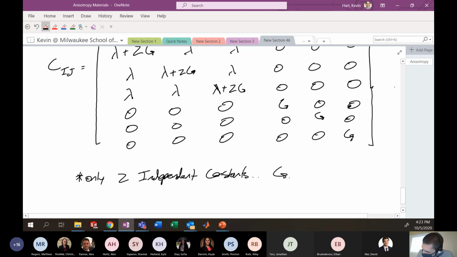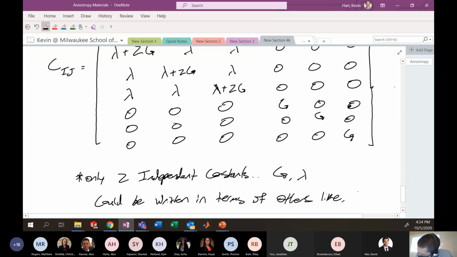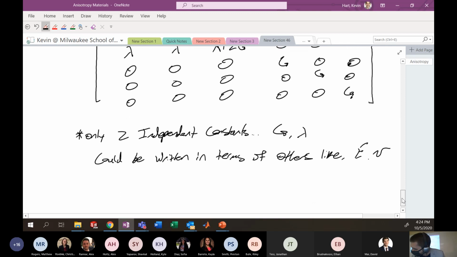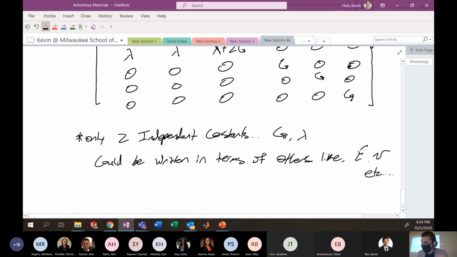And that is specifically G and lambda, but could be written in terms of others, like E and nu, right? Or others. E, nu, etc.